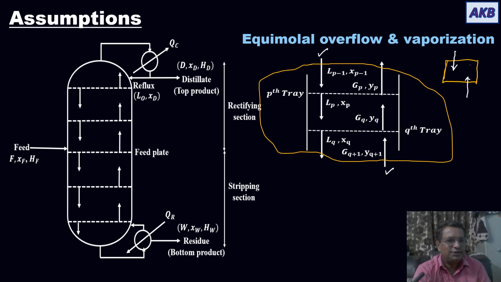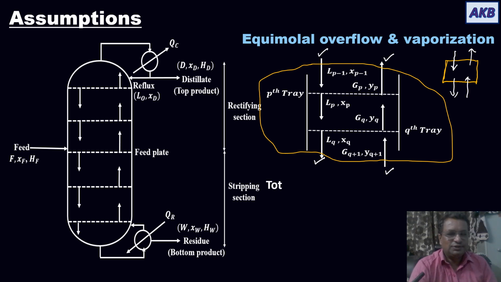Then the vapor stream leaving this envelope, this stream. And there is another liquid stream leaving this envelope, this stream. So you can easily tell that there are two streams that enter the envelope and two more streams that leave the envelope, two liquid streams and two vapor streams.